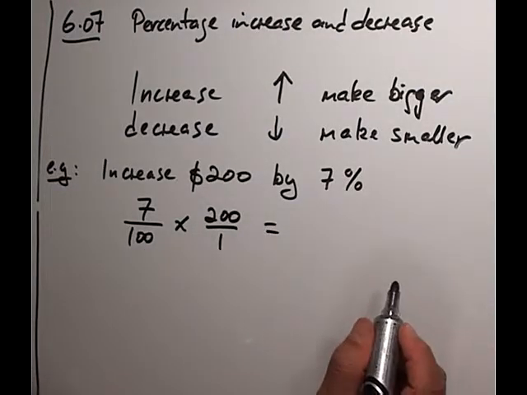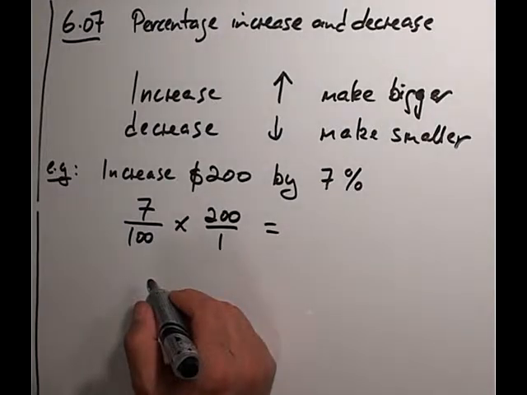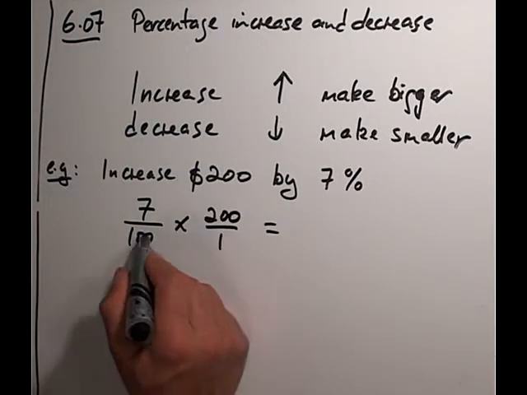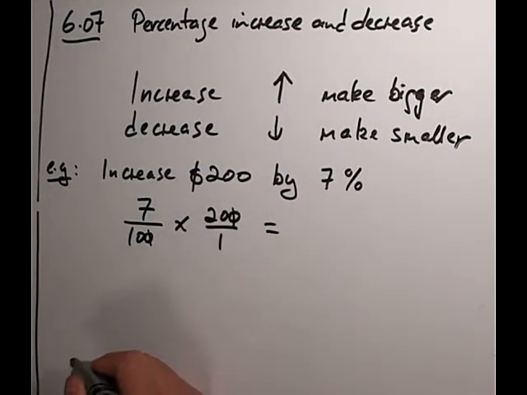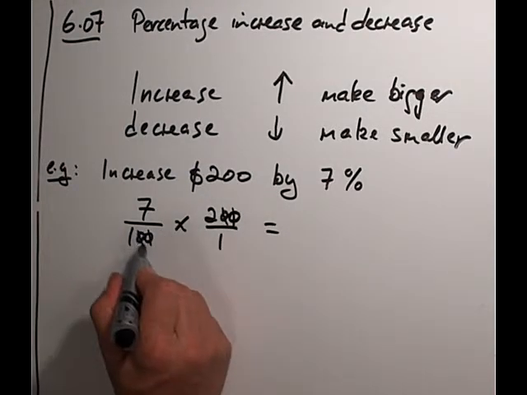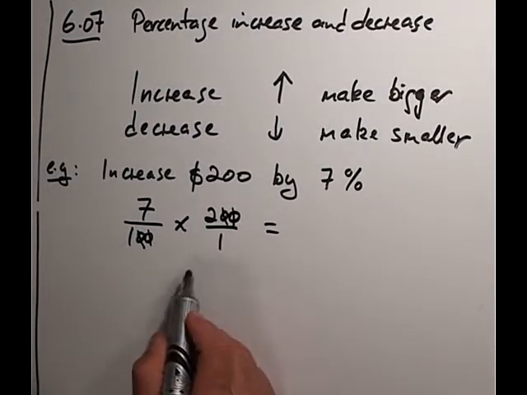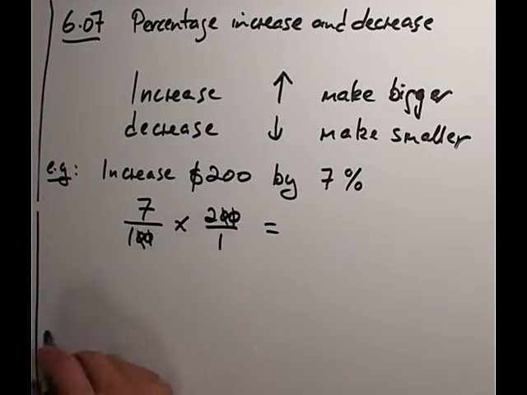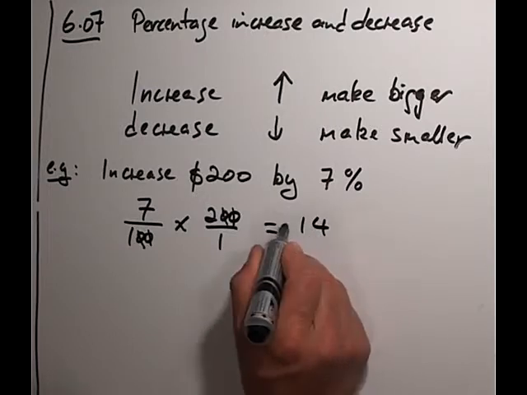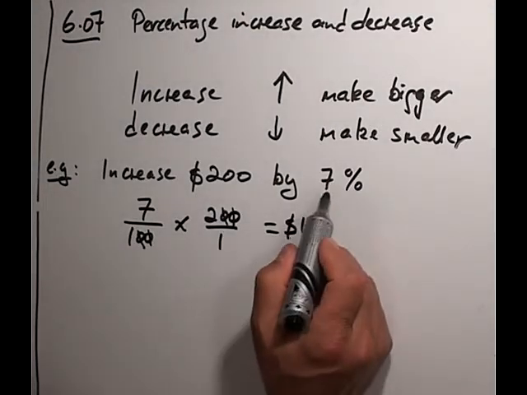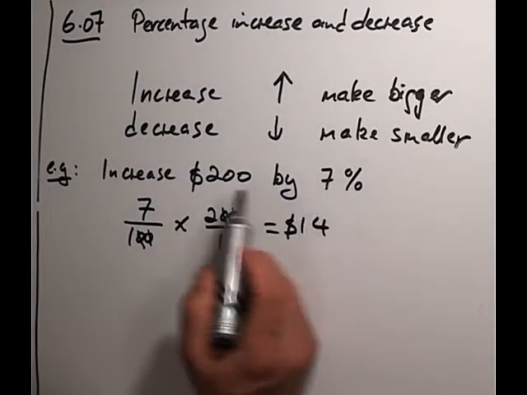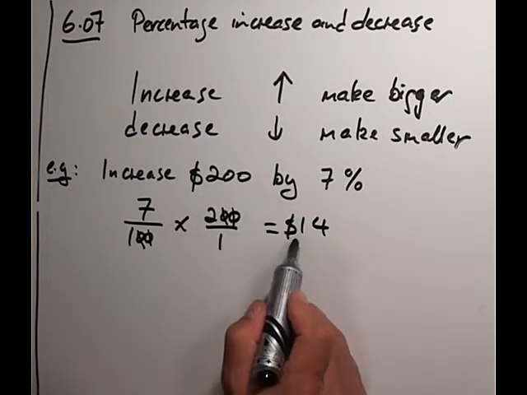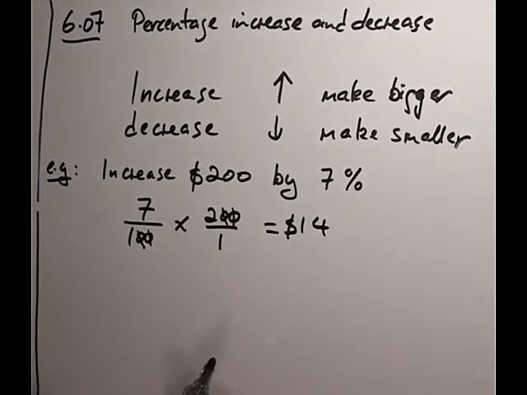What's that equal to? Well, we cancel wherever we can. Cancel those zeros. Cancel these zeros. I'm left with ones on the bottom. 7 times 2 is equal to 14. And that's $14. 7% of 200 is $14.